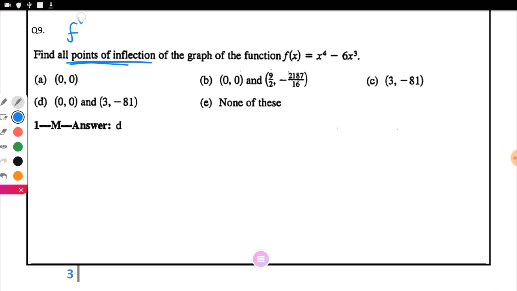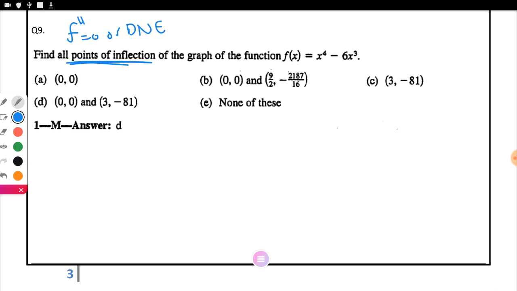The second derivative equals 0 or does not exist. The graph of the function has a tangent line. The third one, the function changes its concavity from concave upward to downward or from downward to upward.